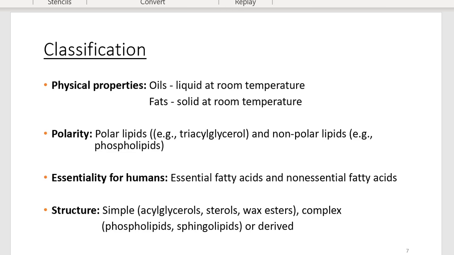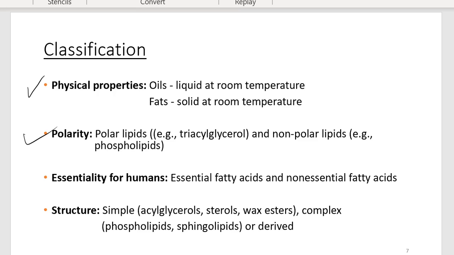So how do we classify lipids? Different lipid classifications can be done based on different properties and different points of view. For example, it can be based on their physical properties. Then we refer to them as fats and oils. We make this classification according to their physical state at ambient temperature. Oils are liquid at room temperature and fats are solid at room temperature. They can also be classified as polar and non-polar lipids to indicate differences in their solubility and functional properties.